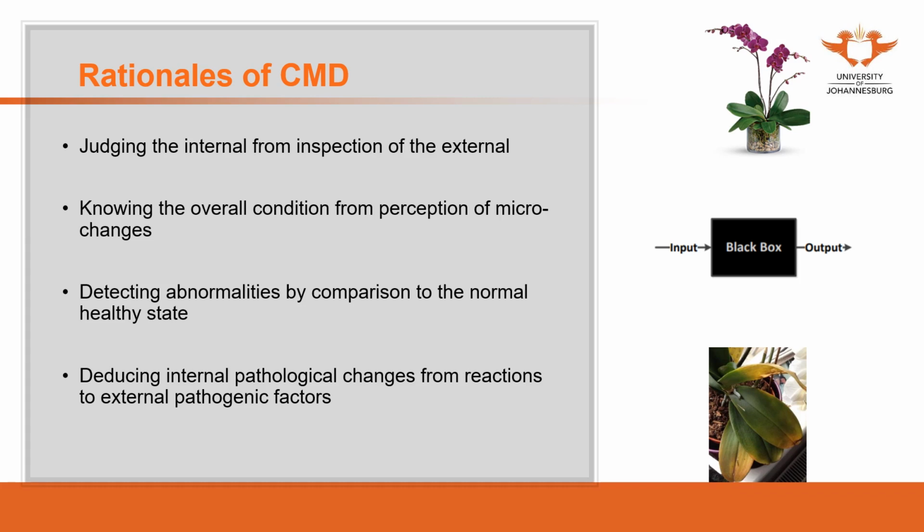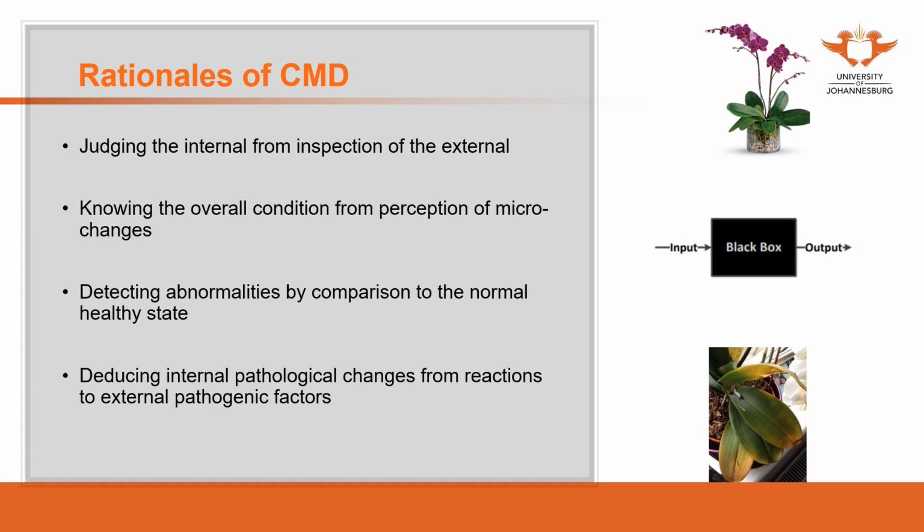How does it work? There are three features of the rationales of the diagnostics. Here you can see we got four features. We're going to go through one by one, but when we go to the fourth, you will see the fourth feature, deducing internal pathological changes from reactions to external pathogenic factors.